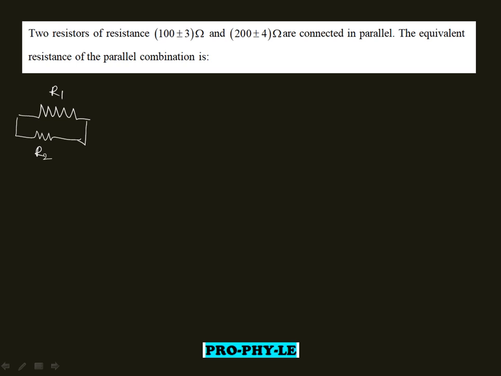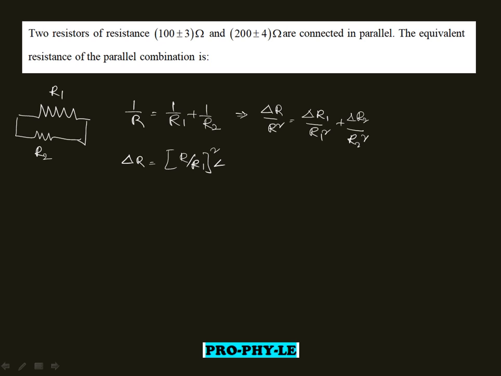If two resistors are connected in parallel, their equivalent resistance is given by 1 by R equals 1 by R1 plus 1 by R2. From this, delta R by R square will be equal to delta R1 by R1 square plus delta R2 by R2 square, or delta R will be equal to (R by R1) whole square into delta R1 plus (R by R2) whole square into delta R2.